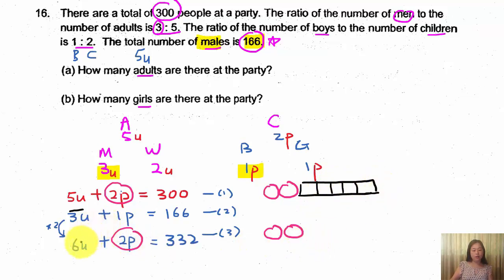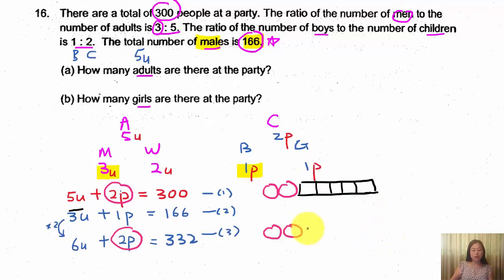And here we have 6 units, which is 1, 2, 3, 4, 5, 6 units.